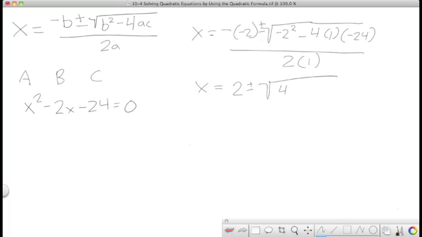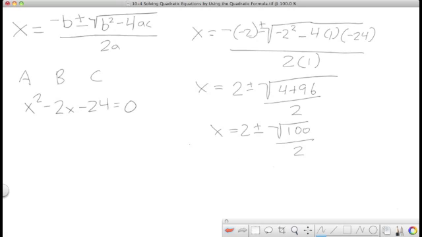Negative 4 times 1 is negative 4, and negative 4 times negative 24 is going to give you 96, so a positive 96. And that's going to be over 2 times 1, which is 2. So we have x equals 2 plus or minus the square root of 100, which we know is 10, over 2. So this is what we end up getting.